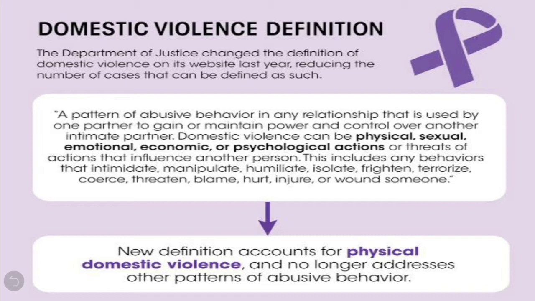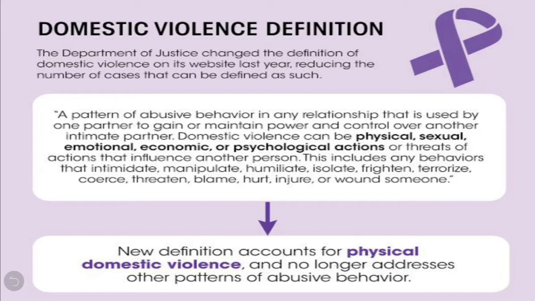Domestic violence is a pattern of abusive behavior in any relationship that is used by one partner to gain or maintain power and control over another intimate partner. And domestic violence can be physical, sexual, emotional, economic, or psychological actions or threats of actions that influence another person.